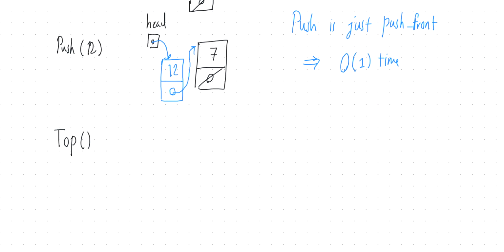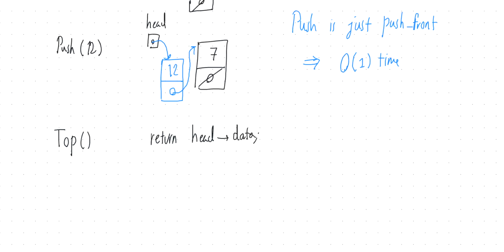And that's very simple because we always push to the front. The first node is the one that contains the most recently added key, which means that we just need to return the key in the first node. Basically, we just need to return head arrow data.